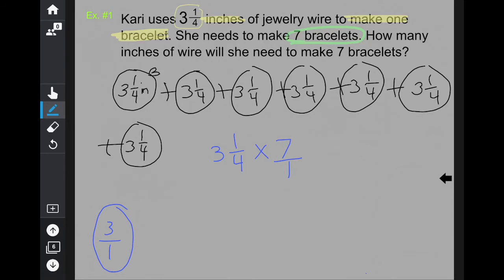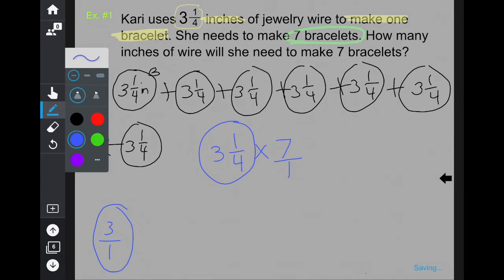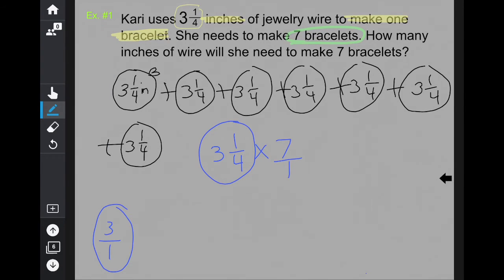When you look back to the example we did previously in the other videos, the first step we had to do was to convert our mixed number, which is this one here, into an improper fraction. Maybe you already forgot how to do that, so let's try that again. First, I need to multiply my denominator by my whole number.